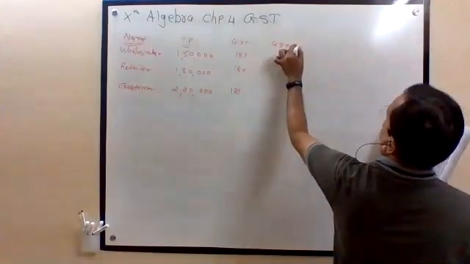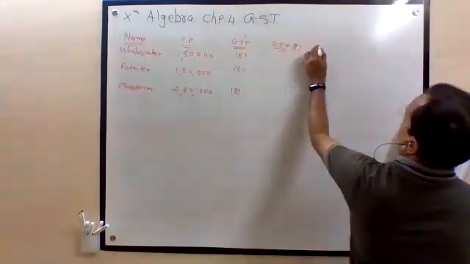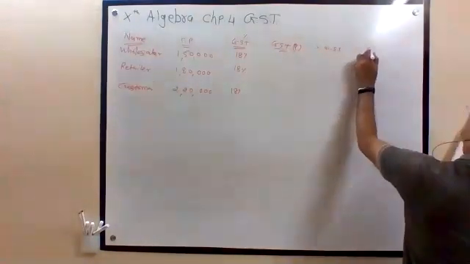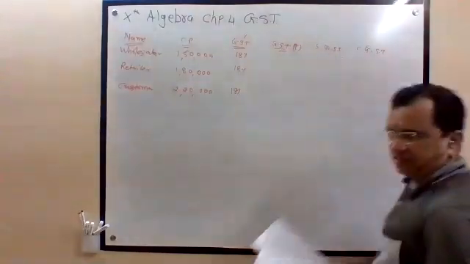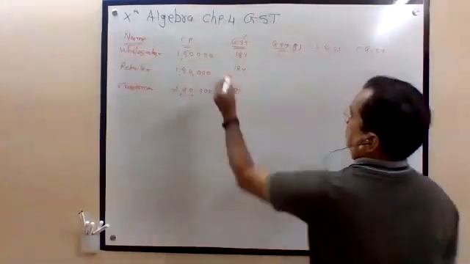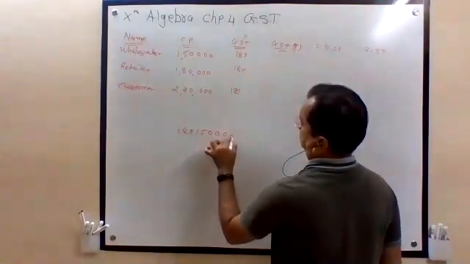So GST in rupees, in percentage, as GST, CGST, and then input and output we will find out. 18% of 1,50,000.